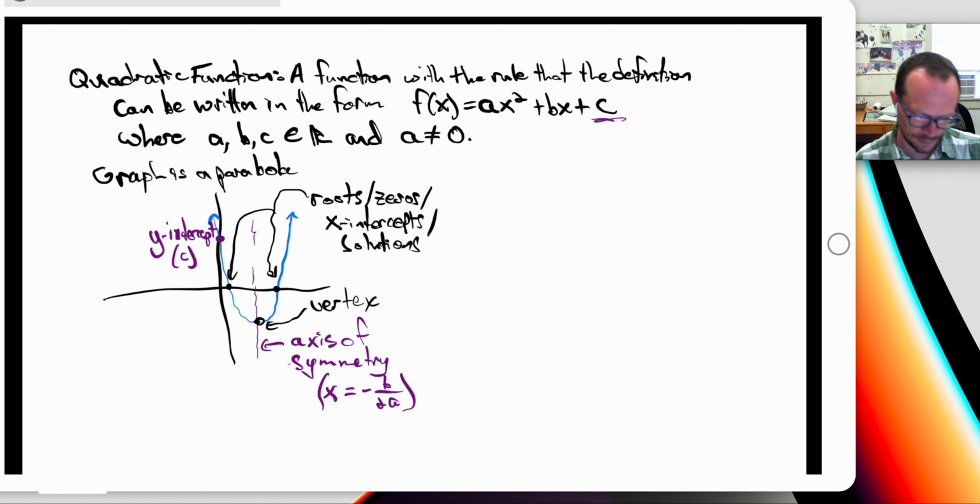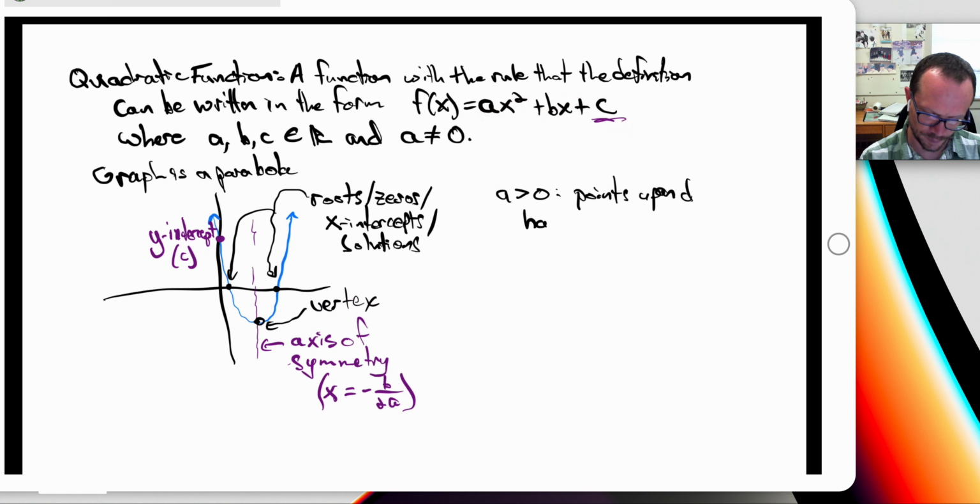If a is positive, then you've got a minimum. A little neater.